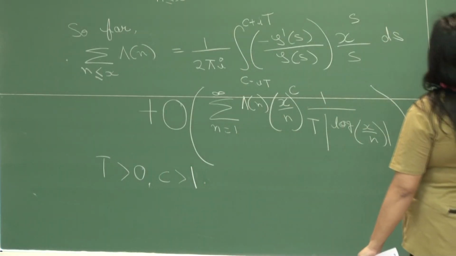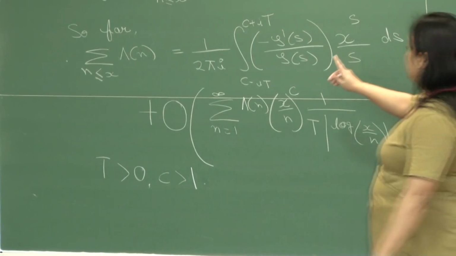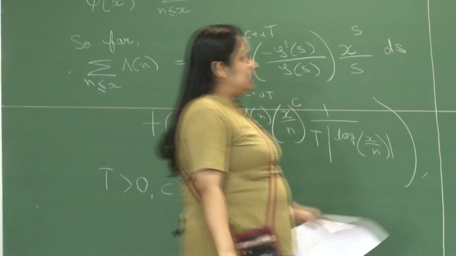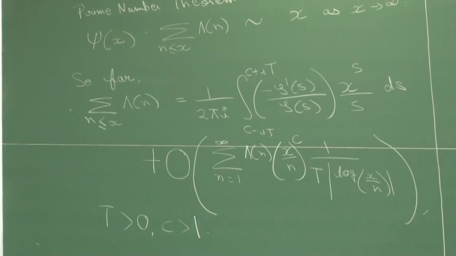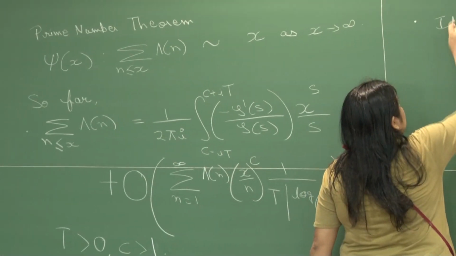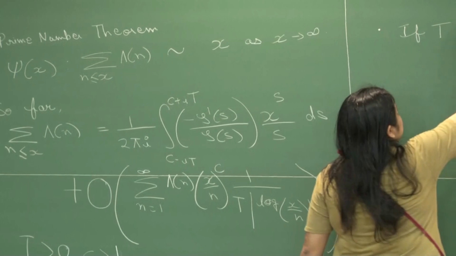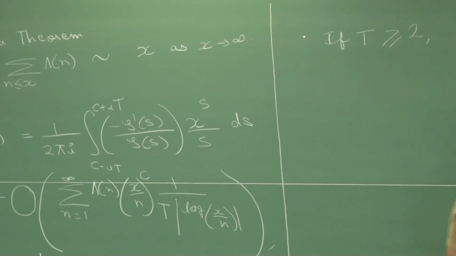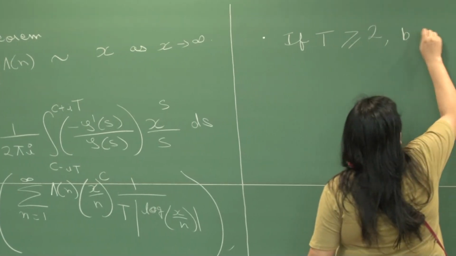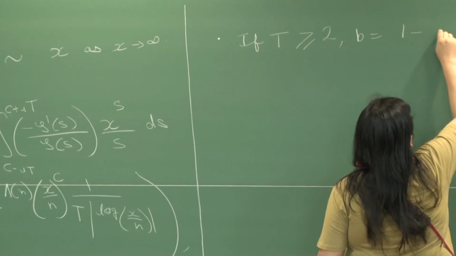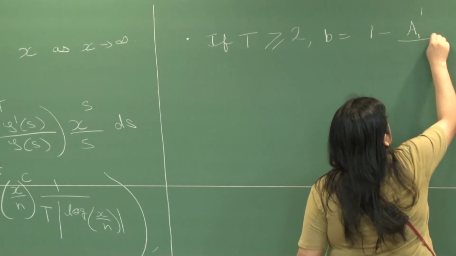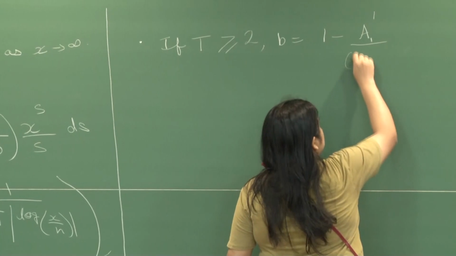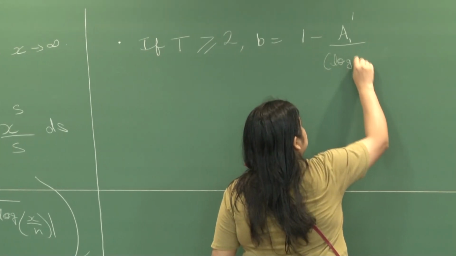So we learnt also last time, let's recall that our focus was primarily on the contour integral, and we saw that if you choose T to be something which is greater than or equal to 2, you choose b to be equal to 1 minus a1 prime, where a1 prime is some absolute constant appropriately chosen, as we had done last time.